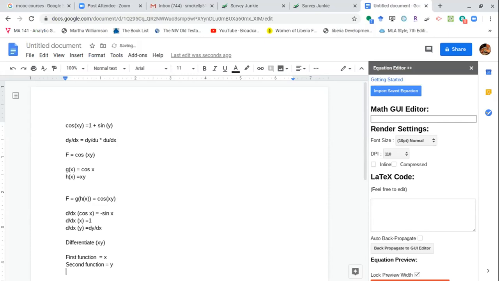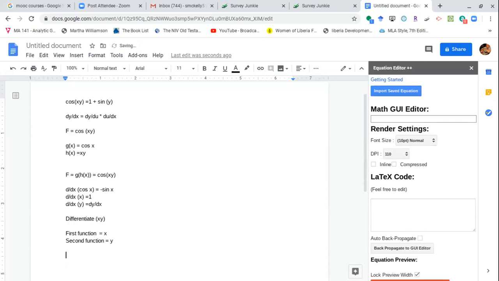Now, when I write the product rule and differentiate xy, you might have learned it the other way.